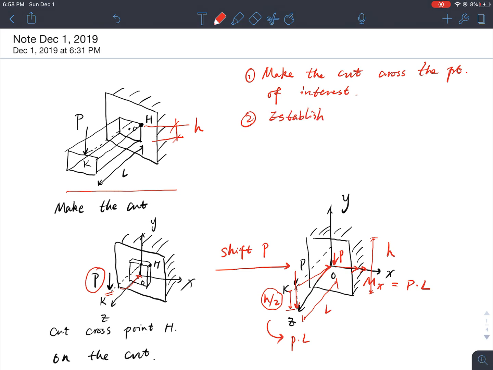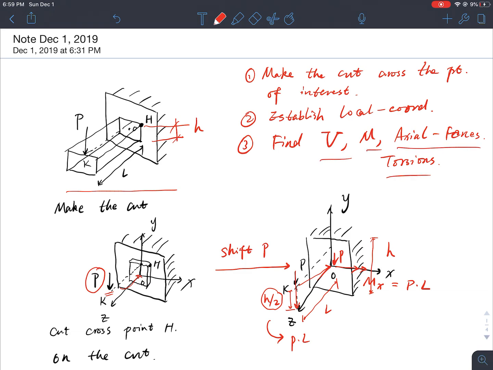Then establish a local coordinate system x, y, z, and find forces and moments, and also axial forces if you have any, and torsions if you have any. After you find all these possible forces, then solve for stress. So that is the approach.